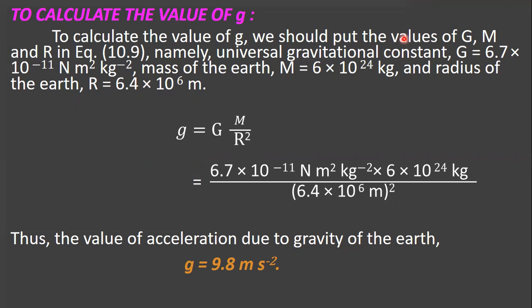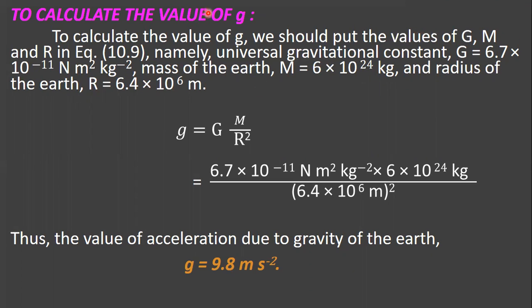See children, here we can take acceleration due to gravity g to be more or less constant on or near the earth, but for the objects far from the earth, the acceleration due to the gravitational force of the earth is given by g equals GM by d square.